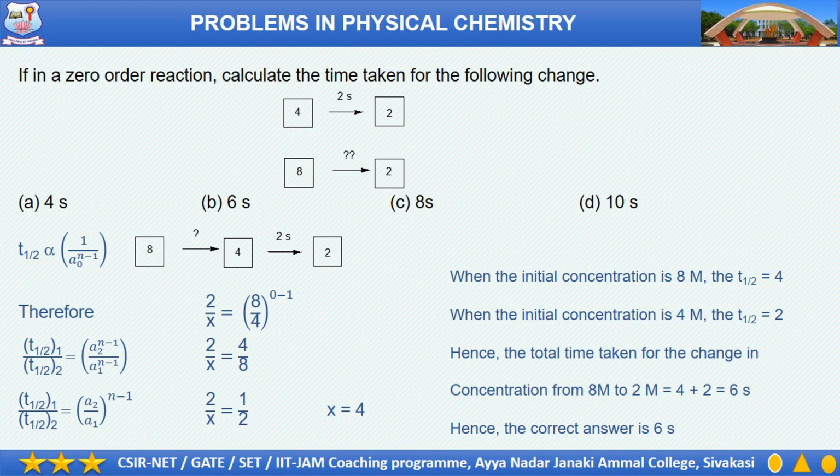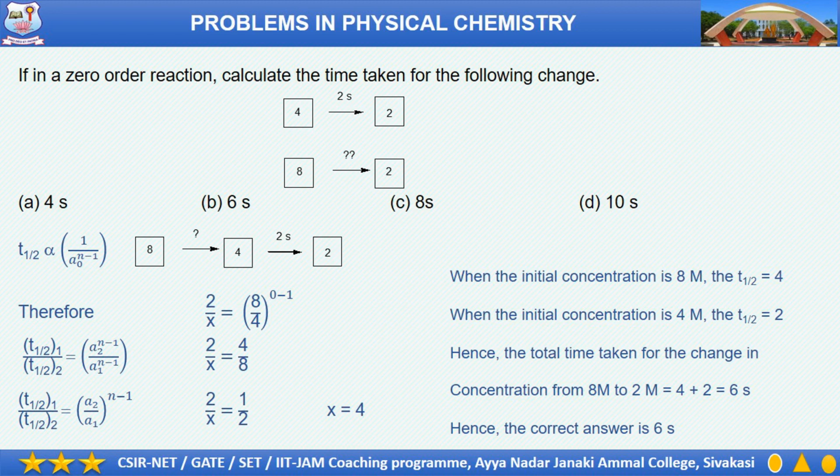That simple relationship is T half at concentration 1 by T half at concentration 2 is equal to the concentration A2 by the concentration A1 to the power n minus 1. This is an equation applicable to all orders of the reaction. You can apply that equation.